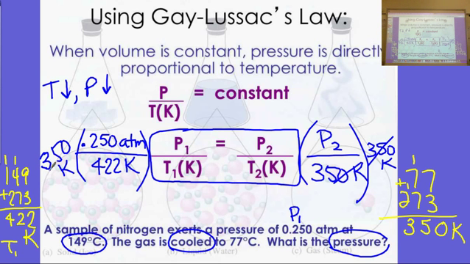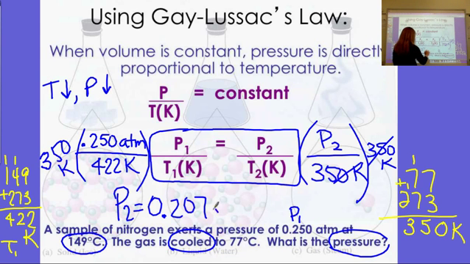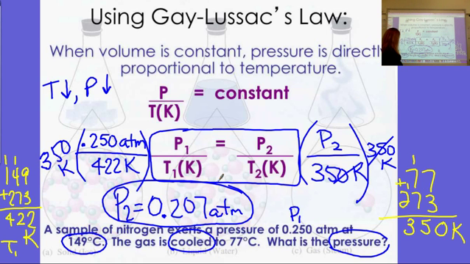When you punch this out on your calculator, you should get P2 is equal to 0.207 atmospheres. It was 0.250 to begin with. Now it's 0.207. My pressure went down because my temperature went down. Gay-Lussac's law is direct. If your temperature would go up, the pressure would be more than 0.25.